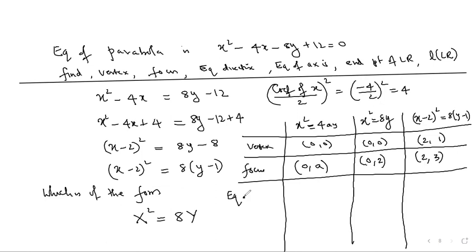What is the equation of directrix? Y equal to minus a. Yes, y is equal to minus a. So y is equal to minus 2. But what will be y here? Y minus 1 will be minus 2 now. So y is equal to minus 1.